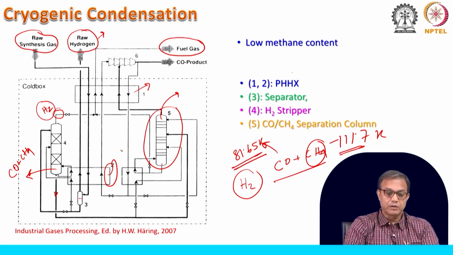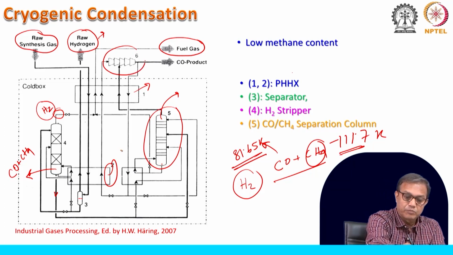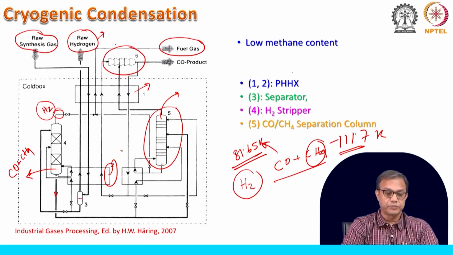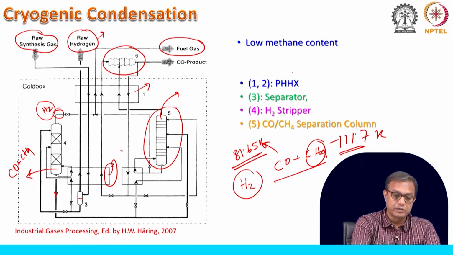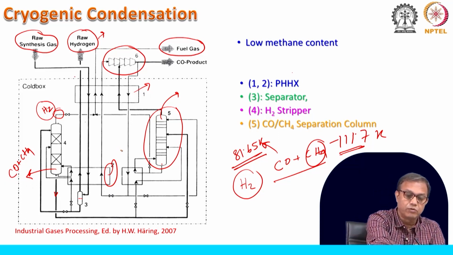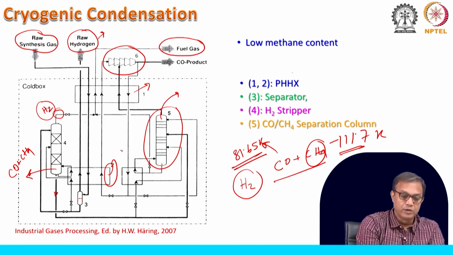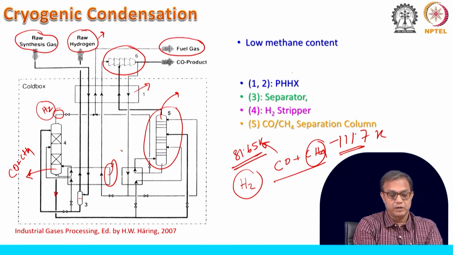Okay. But there is something, component 6, that is basically the compressor part. Here we will find that initially we told that this raw synthesis gas is getting cooled. So, who is providing that cooling?